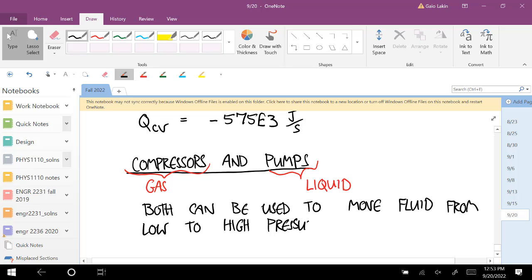Also, a lot of times you'll do calculations with pumps where you're using that to get a liquid to a different height.